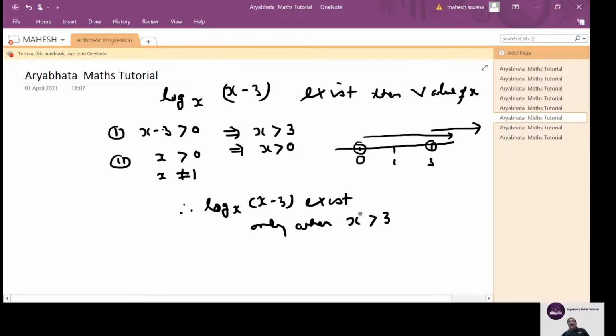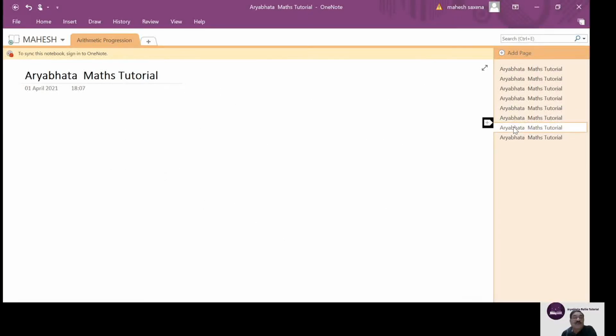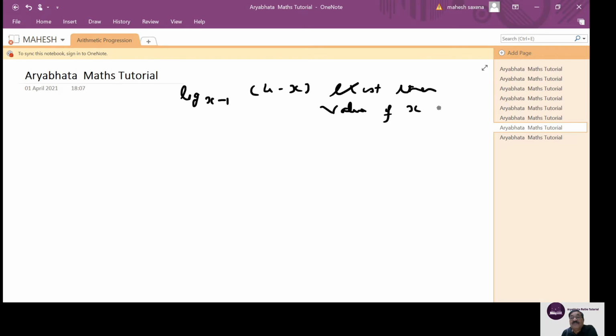Now I am taking another example. Suppose log base x minus 1 of 4 minus x exists, then find the value of x. Again, the condition is that 4 minus x should be greater than 0, implies that x is less than 4. x should be less than 4.